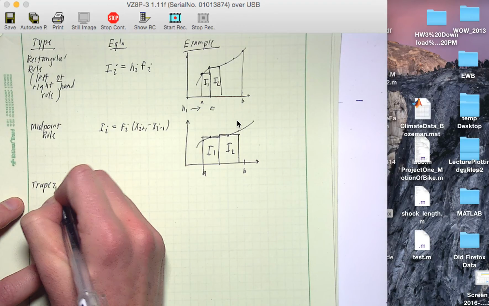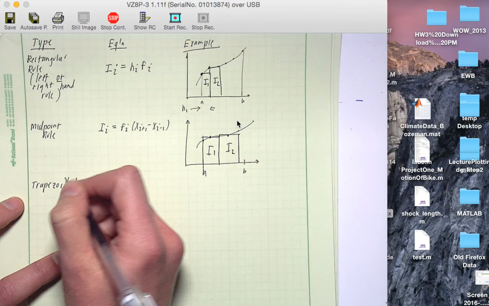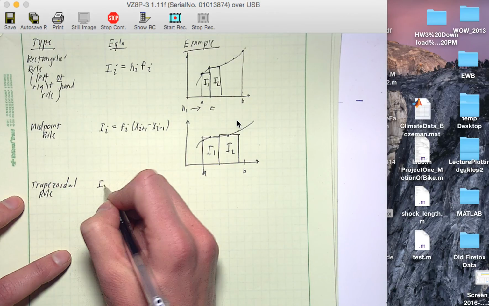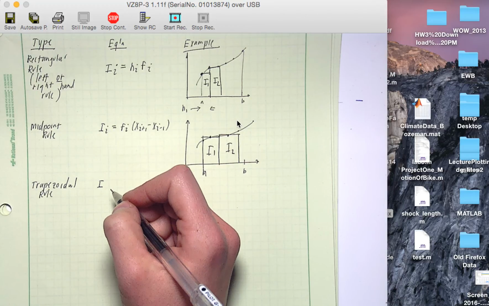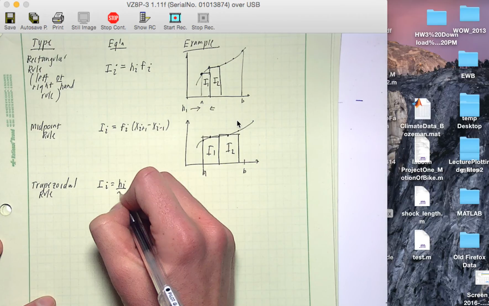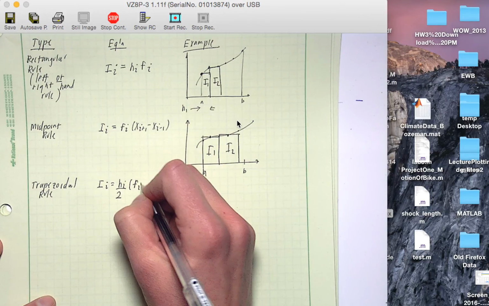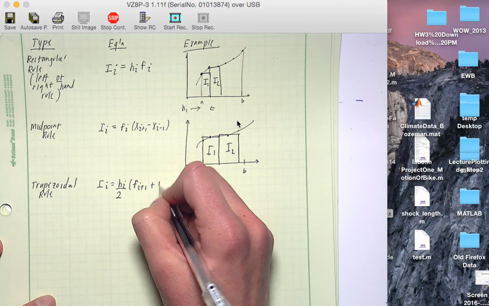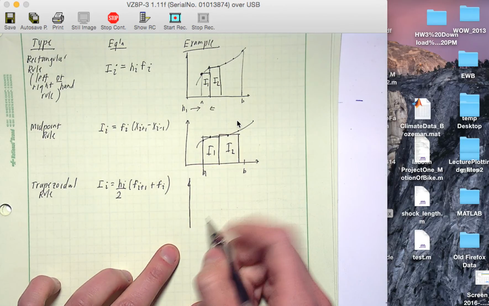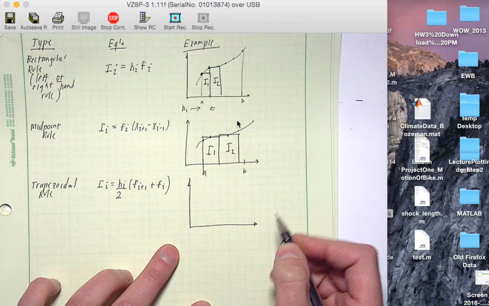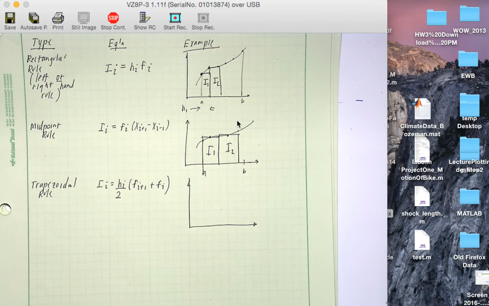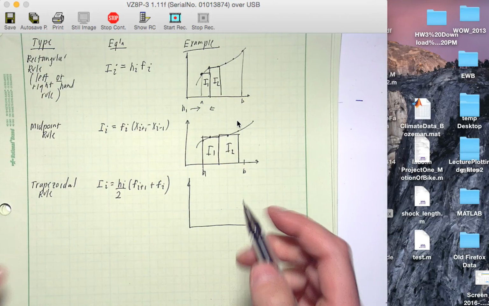And the last one, which is the one you're programming in Lab 10, is the trapezoidal rule. It is the simplest one and the easiest to program, so it's the most often used. If you have fine enough data, then it's usually good enough. That's why we use it. The trapezoidal rule is one improvement to the top two in that instead of just taking the midpoint, it takes the average of the 2 points.